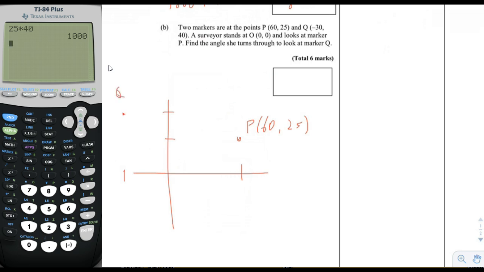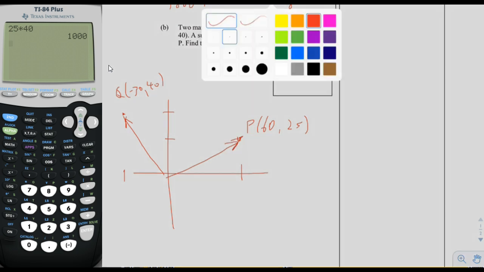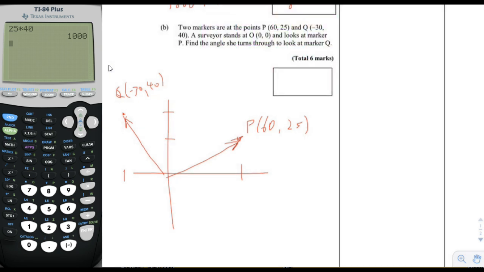Then we can draw position vectors going from the origin to each of these points. We'll pretend that there's a surveyor here, we'll draw her as a pink dot there. She is looking at point P, and then she turns to look at point Q. So she makes an angle theta right there.